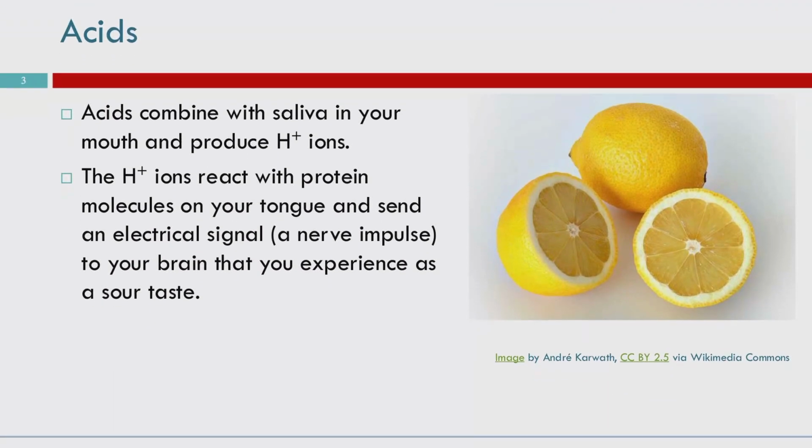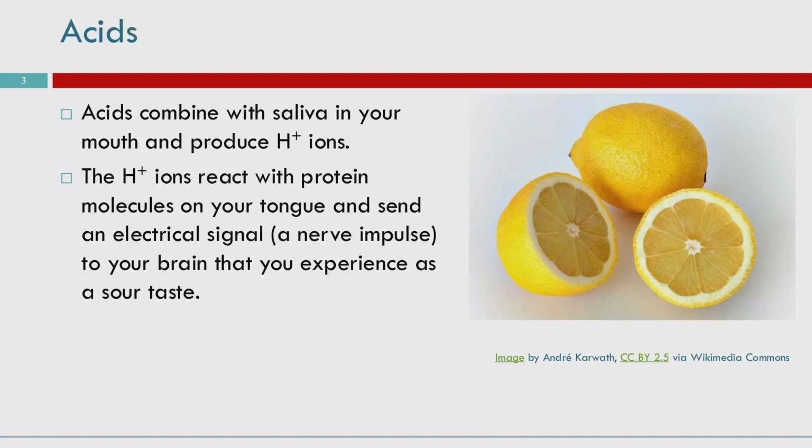The way that acids work is they combine with saliva in your mouth and they produce H+ ions. What is H+? It's a hydrogen ion, hydrogen with one electron removed, which leaves a proton.